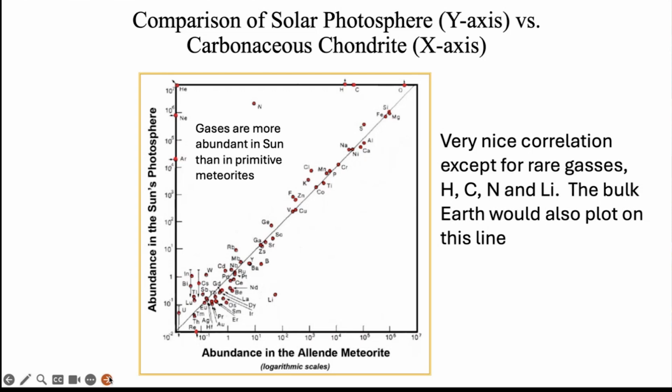All right. So we've got these two things. We've got the solar photosphere and we've got carbonaceous chondrites, the Allende meteorite, and we compare their abundances. And that's what this diagram does. Only 9 orders of magnitude. And obviously helium and hydrogen are off the scale.